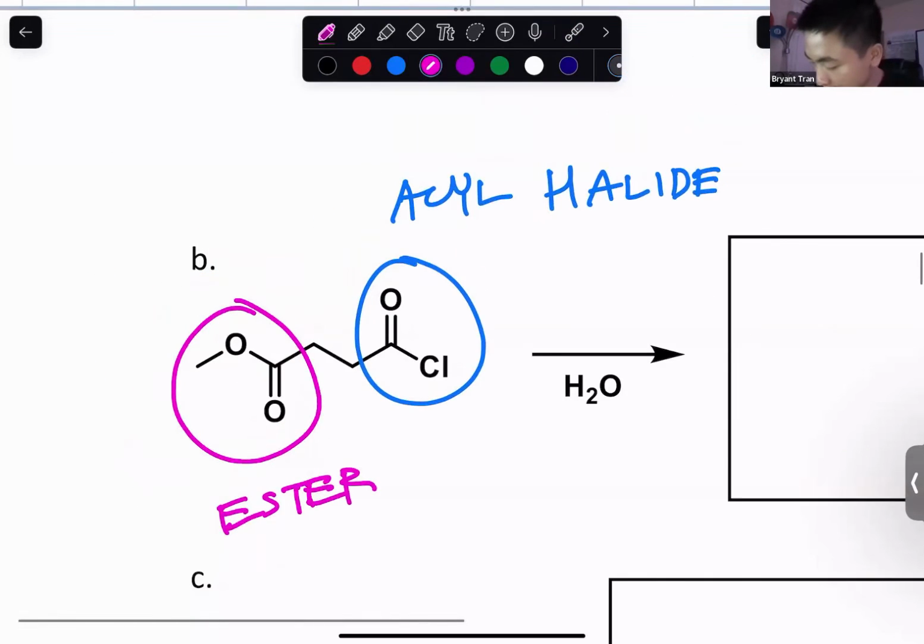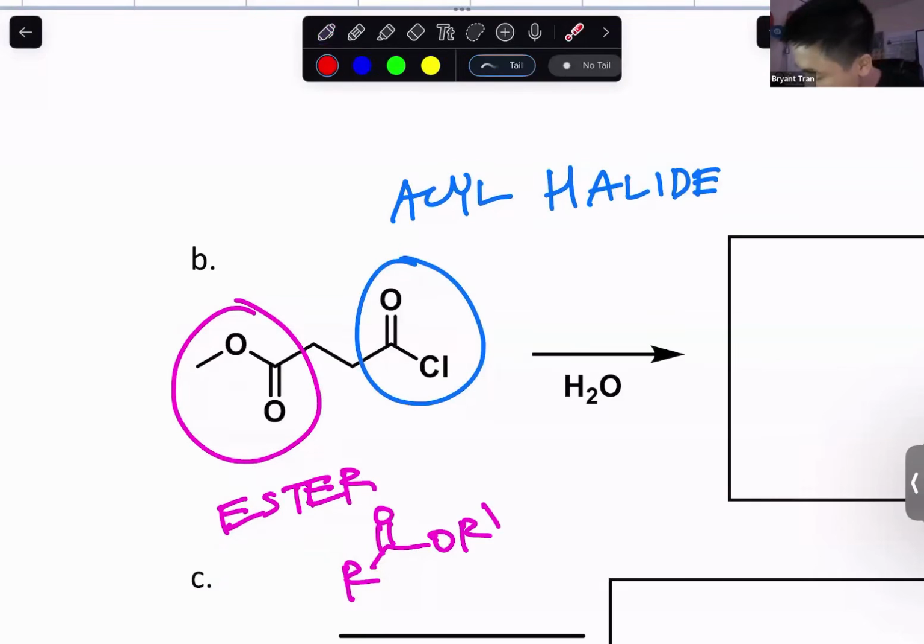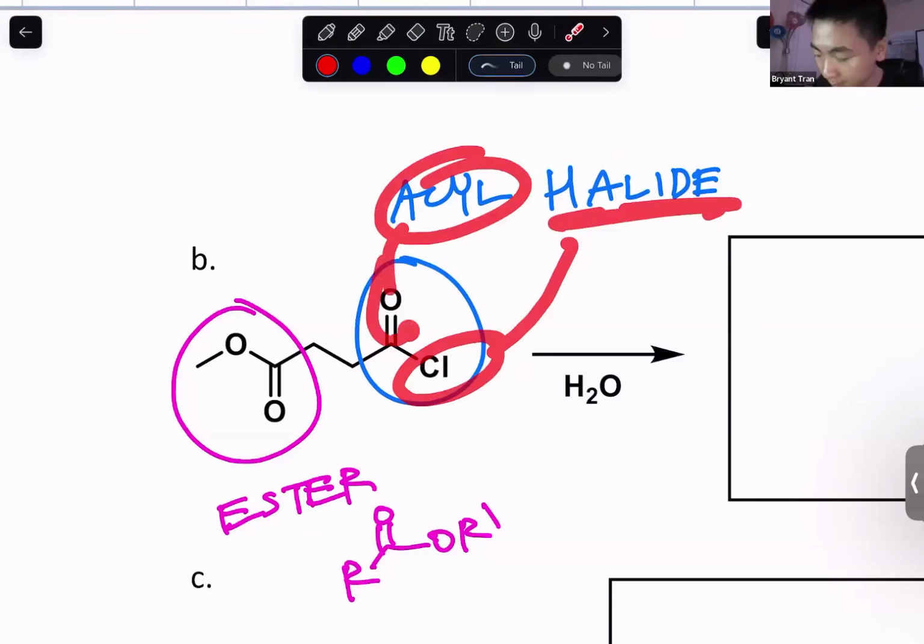To be more generic, an ester is a carbonyl, which is a carbon double bond oxygen, attached to an OR group. Whenever you see R, that's a hydrocarbon chain, like carbons and hydrogens, right? And we see that here. This is the carbonyl group, and then this is the OR group. The R group here turns out to be a methyl group, right? And then this carbonyl here is attached to a halogen, and because they're next to each other, that's an acyl halide. Halide for halogen, acyl for carbonyl.